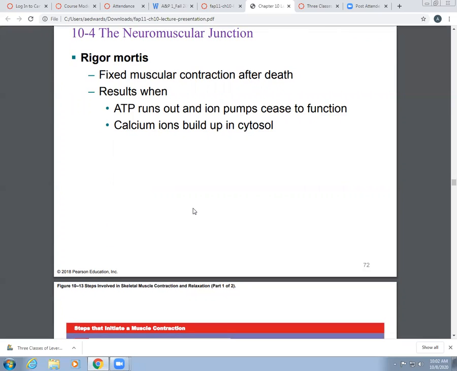So there's calcium present and no ATP. Because those calcium ions are present, they bind to the troponin-tropomyosin complex and open up those active sites. Myosin is going to bind to actin, and essentially you're stuck in a state of contraction.